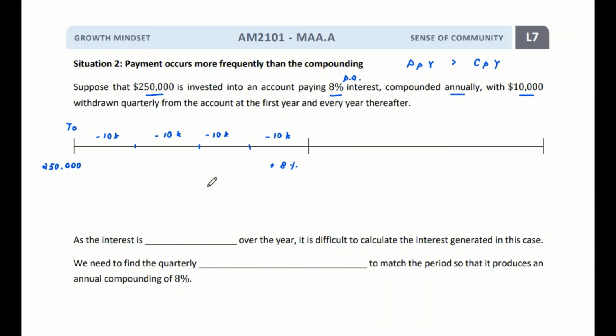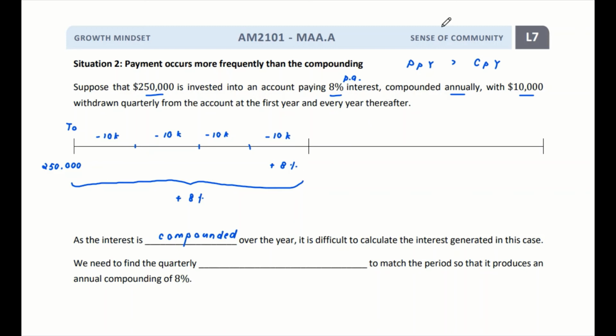So that's how compound interest is calculated, right? The interest is always compounded over the year. So it's like an accumulated kind of thing, which is like if you keep the money for the whole period here, then you get the 8% of interest.